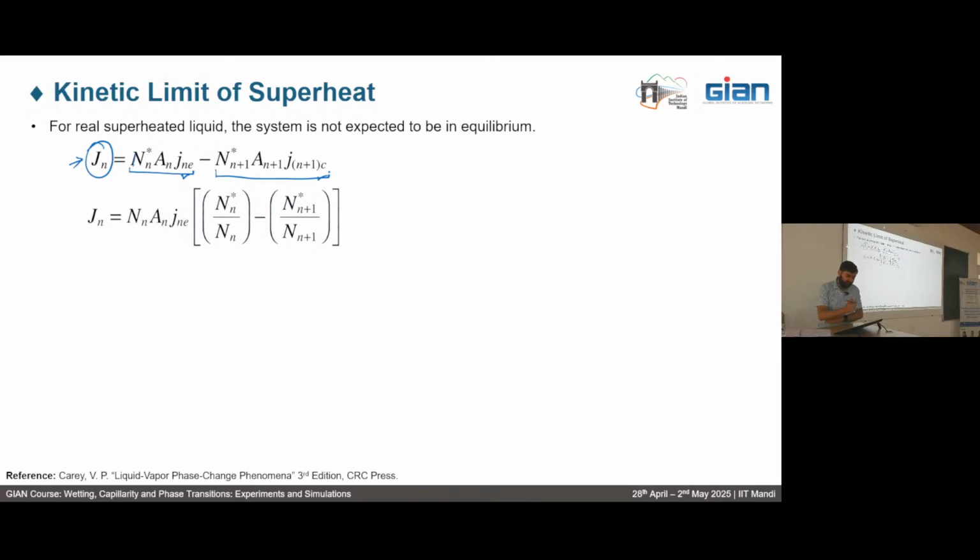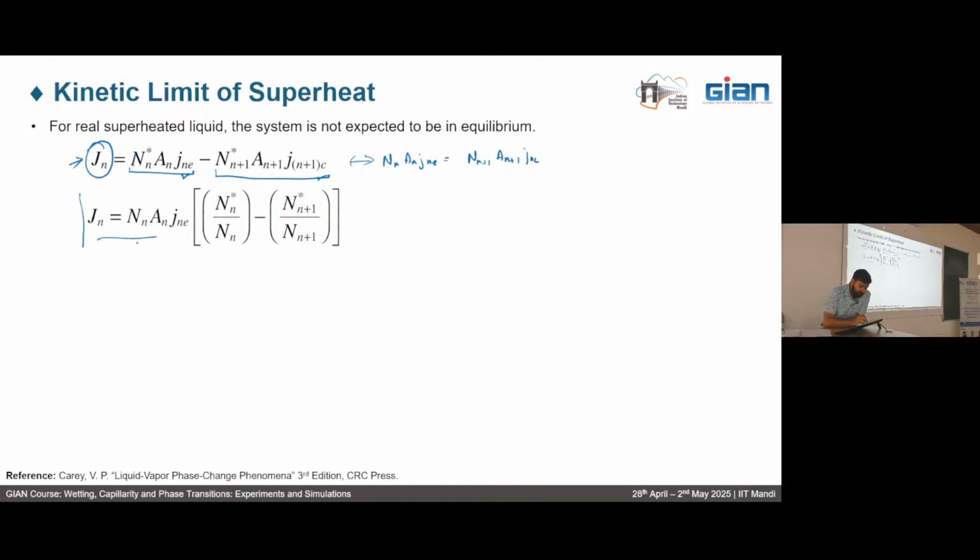So using this equation and the previous equation, which was simply Nn An Jne is equal to Nn plus 1 An plus 1 Jnc, using both these equations we get Jn in terms of n star and n.